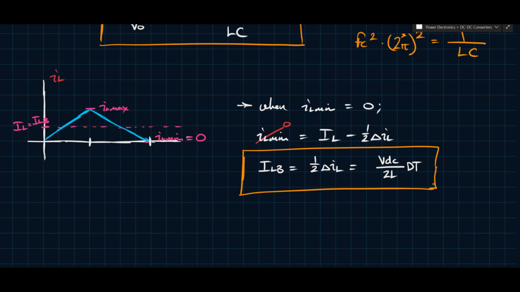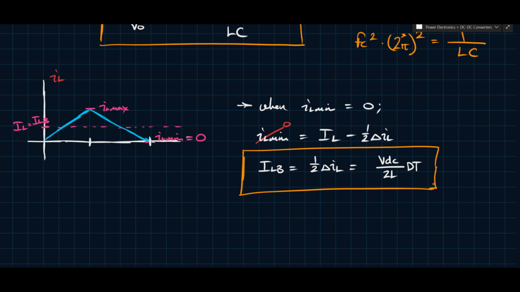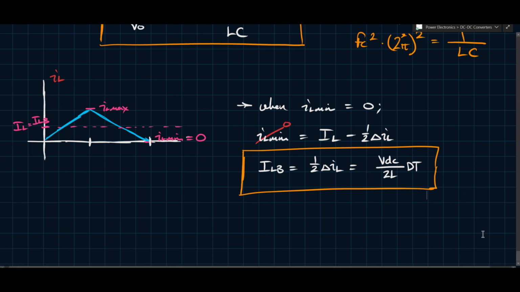You have to compare the average output current to the average output boundary current, and the average inductor current to the average inductor current boundary. You can't just pick and choose whichever ones you want. So we have a bit of a situation here.